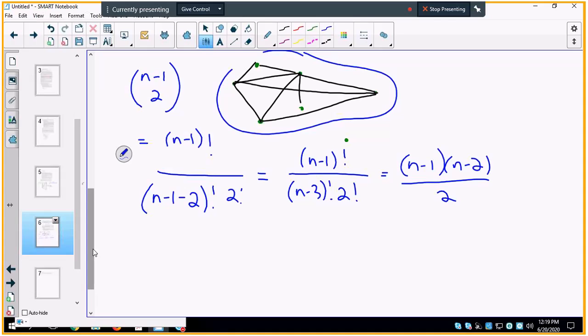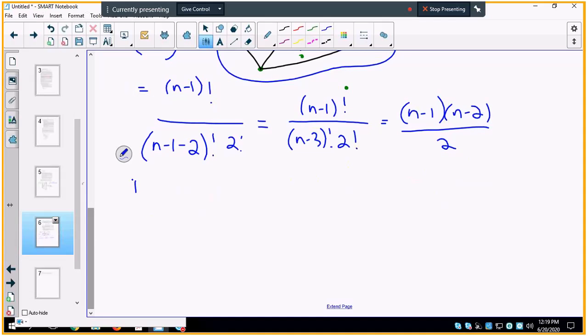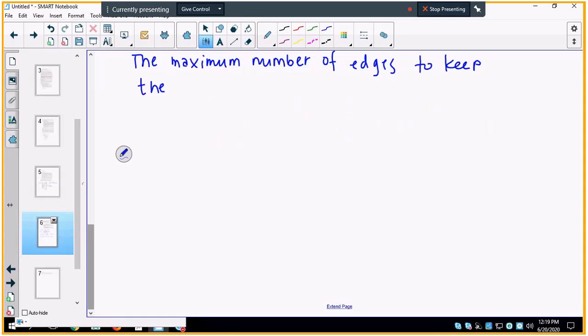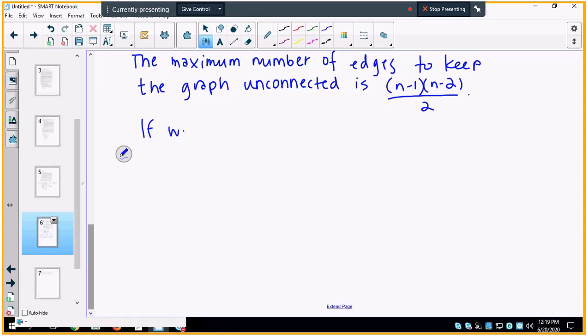Then the question is, what is the minimum number? So the maximum number of edges to keep the graph unconnected, we said was n minus 1 times n minus 2 over 2. That means if we add one more edge, then it should be connected.